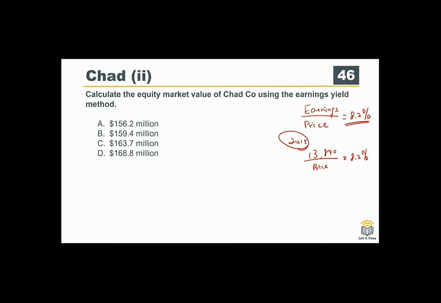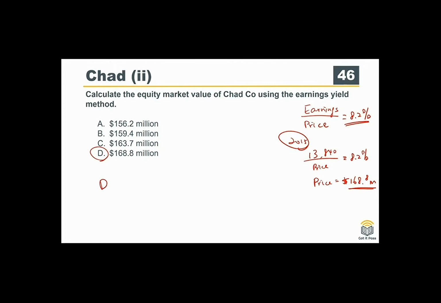So you find out the price with this formula. You got 168.8 million. Just based on this very simple calculation, you can find the answer is B.